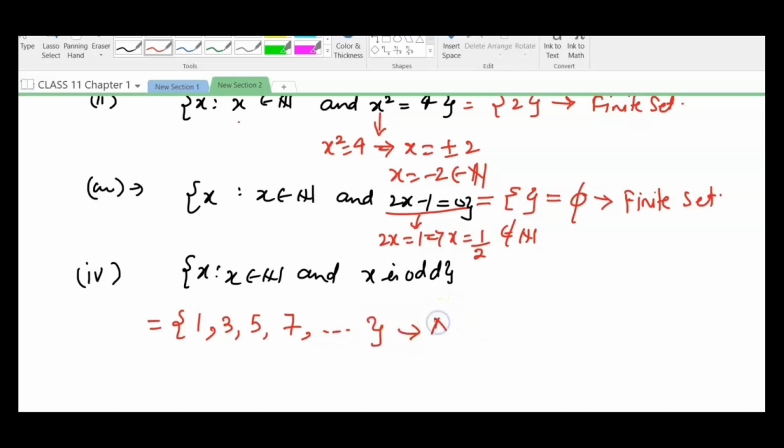So this is a never ending set. You can always find the next odd number, right? So this is an infinite set because it contains an infinite number of elements. Okay. Hope this clears your finite and infinite sets.